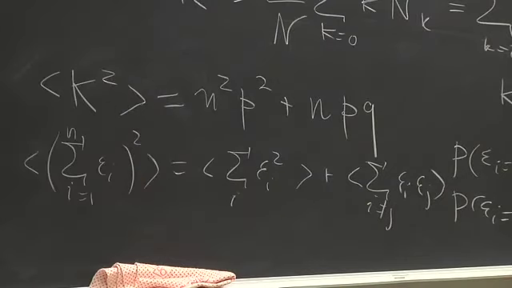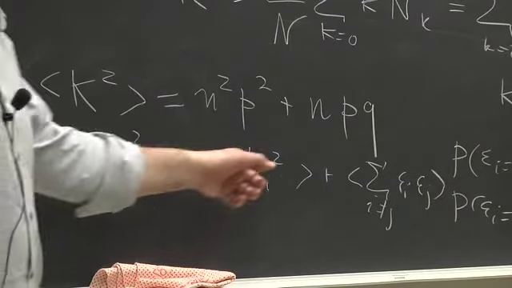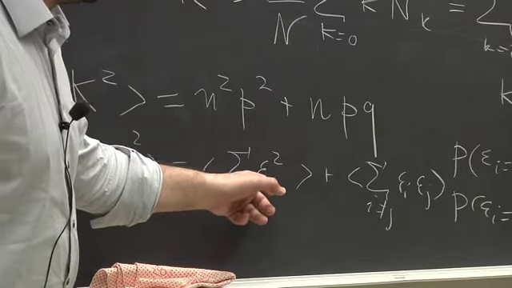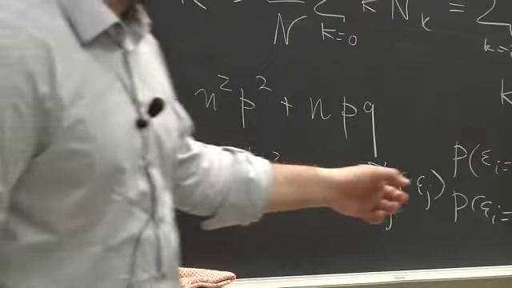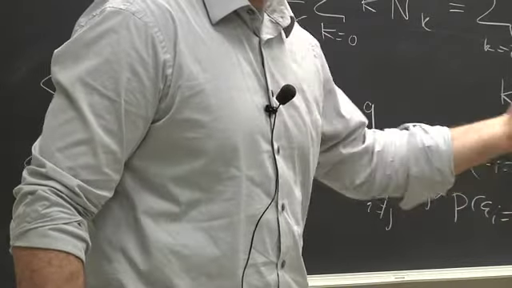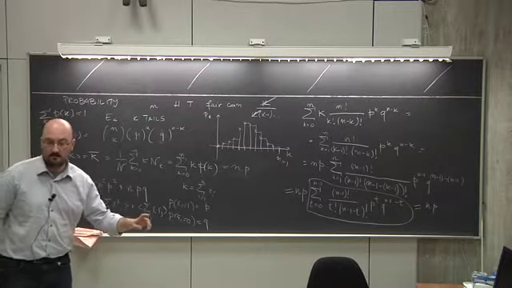But here the simplification is because epsilon i squared is equal to epsilon i, because epsilon is either 1 or 0, and if I square it, I still keep 0 and 1.